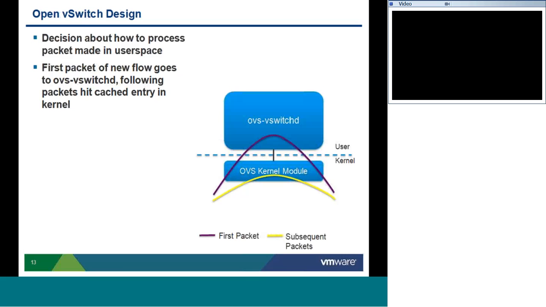They're guaranteed to be non-overlapping, so the first entry that we find that matches, we can use. vSwitch-D is responsible for figuring out how to generate those, and how much wildcarding can happen depends on how vSwitch-D is configured. So if you match on the TCP port, then the TCP port will be unwildcarded for any entry that's coming through that could match on that information.